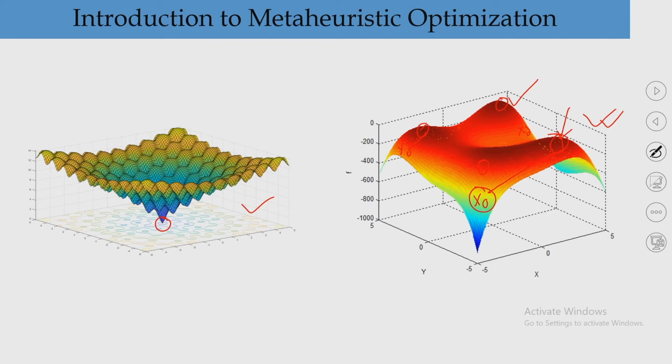So, what you have to do is change your initial point, and luckily if you give an initial point somewhere here, you may get the global optimal solution of the problem. Therefore, it is not that easy to get the global optimal solution of this particular function using classical optimization methods. Now, you know what the disadvantage of classical optimization methods is.